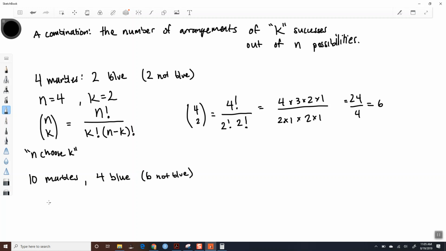What's our n this time? 10, and k is 4. And so we have 10 choose 4, and this is 10 factorial divided by 4 factorial and 6 factorial.